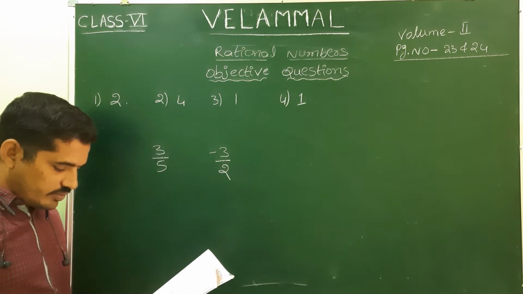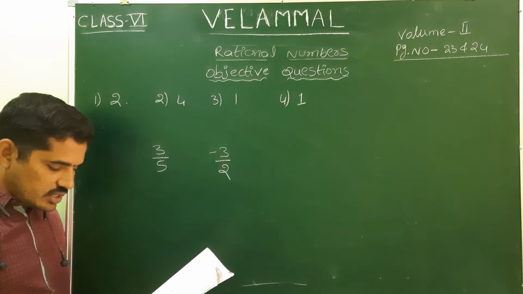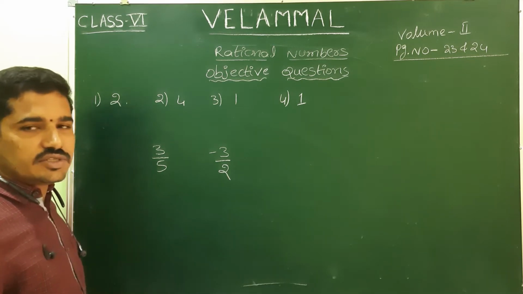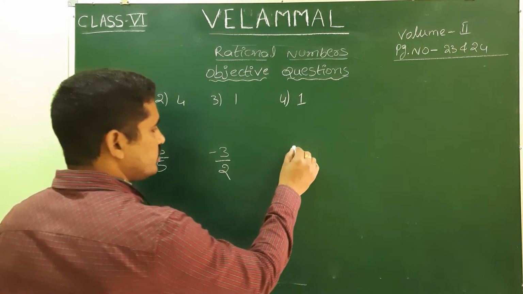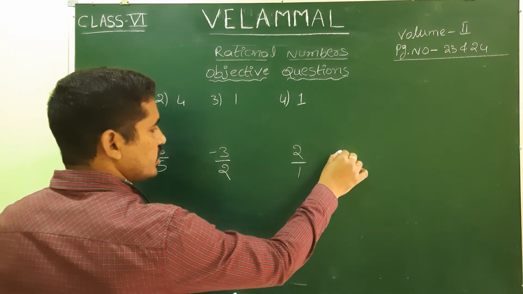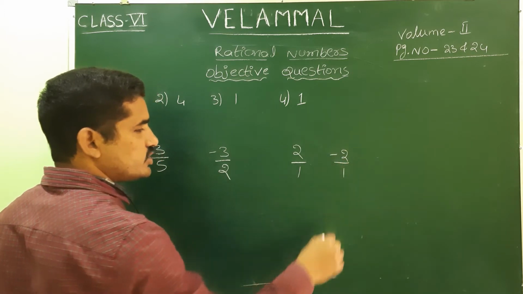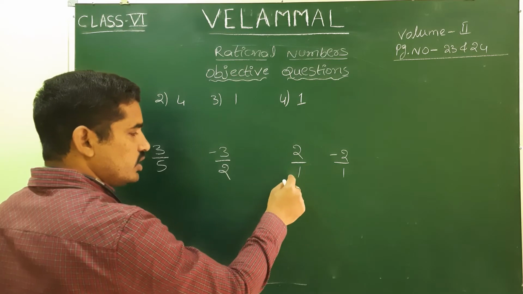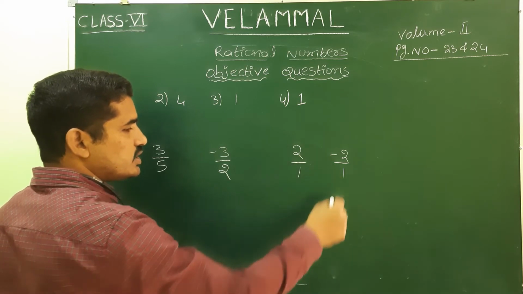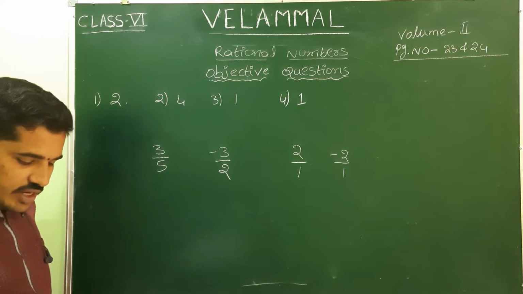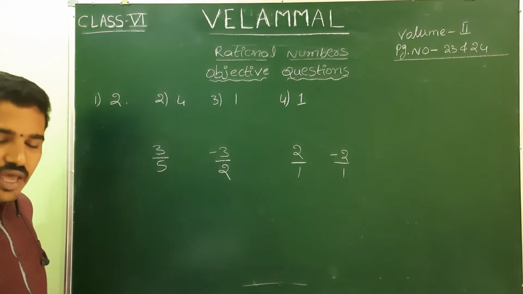Second statement, every integer is a rational number. All integers we will take as rational numbers. See, for example, we are taking 2. It can be written as 2 by 1. If we are taking minus 2, it can be written as minus 2 by 1. So the denominator we are able to write as nonzero. So by that it is a rational number. But every rational number need not be an integer.